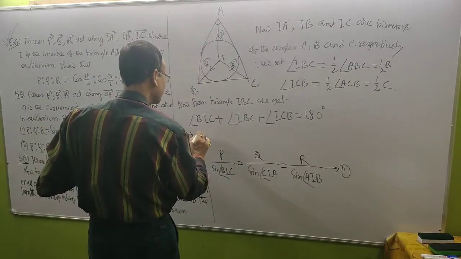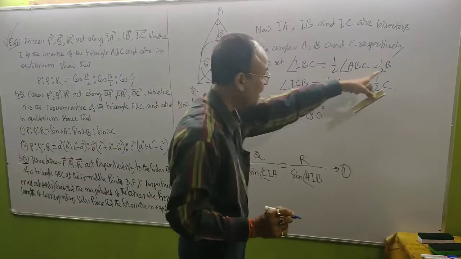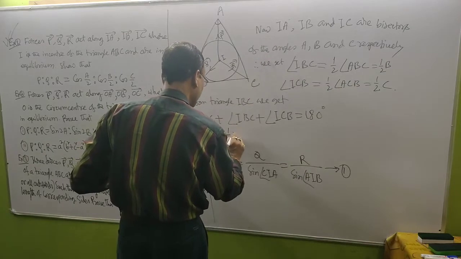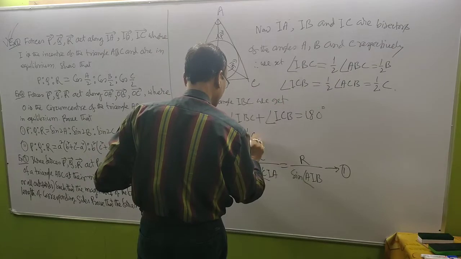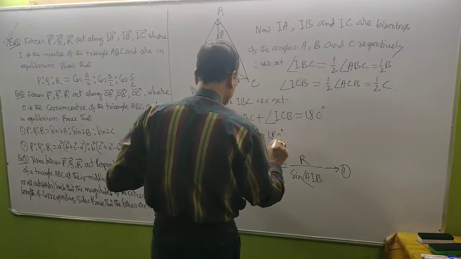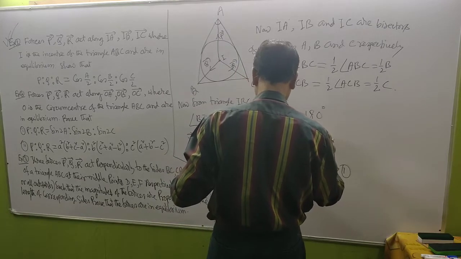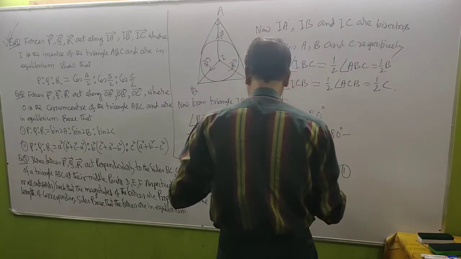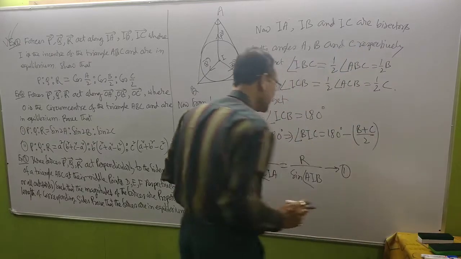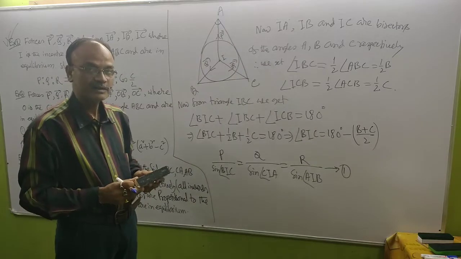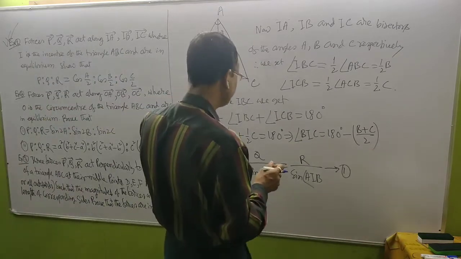This means angle BIC plus IBC, which is half of B, plus ICB, which is half of C, equal to 180 degrees. This means that angle BIC equals 180 degrees minus (B plus C) divided by 2. You will get this one.